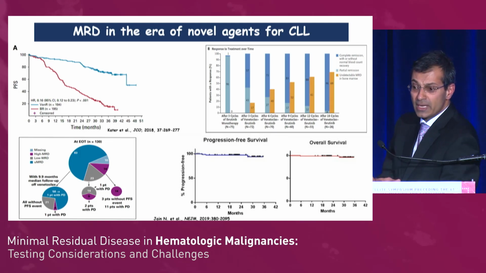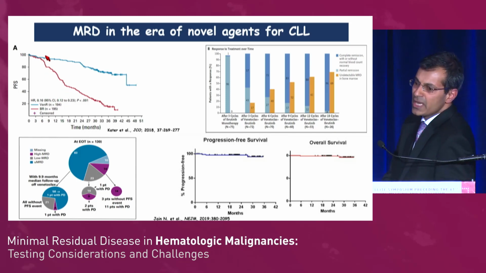Now, MRD is also applicable, as you know, in the novel agent era. In this study of CLL patients with relapsed refractory CLL, venetoclax and rituximab was studied in a randomized fashion and compared with bendamustine and rituximab.